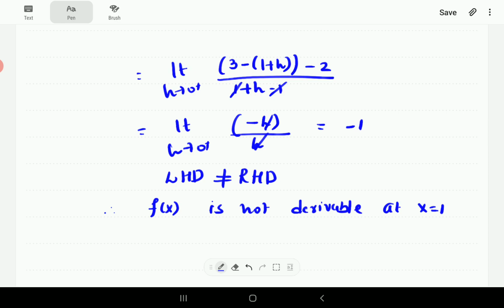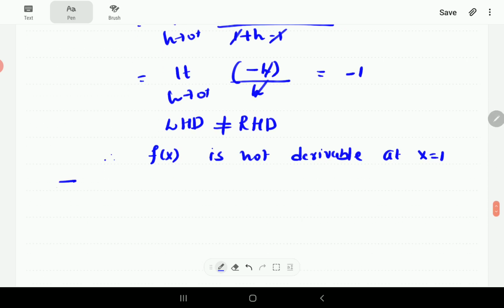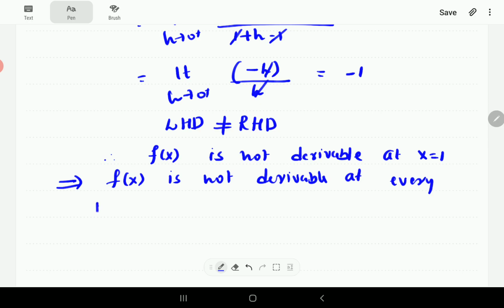So therefore f of x is not derivable at every point of the open interval. This implies f of x is not derivable at every point of the open interval 0 comma 2.